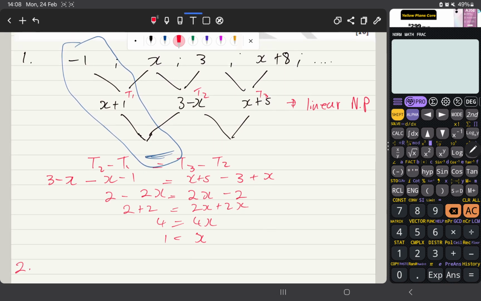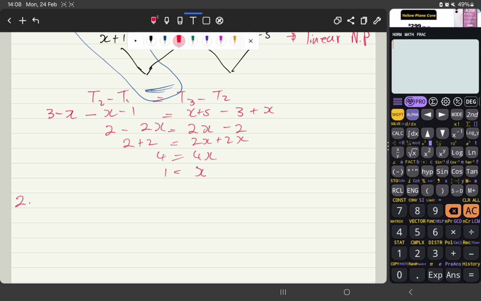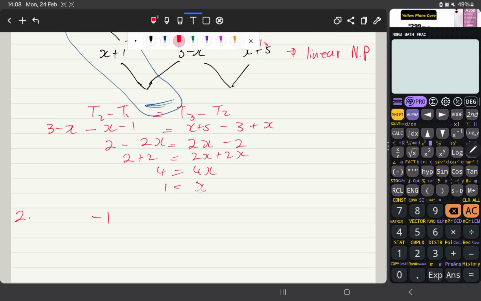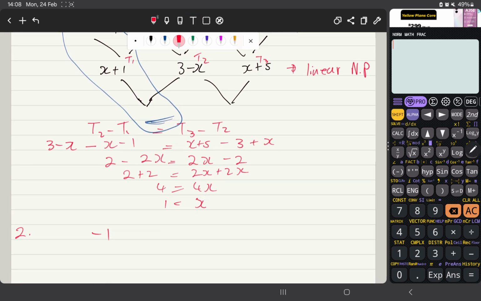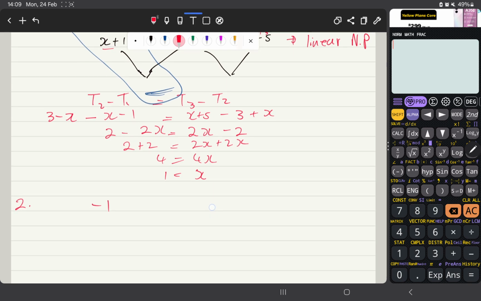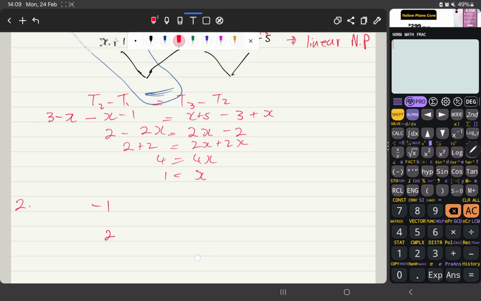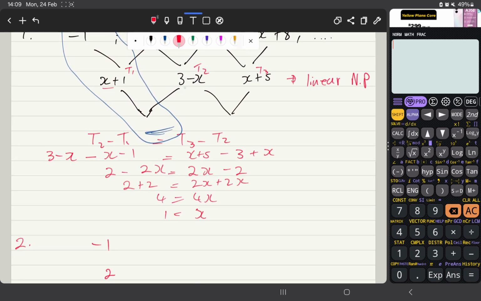So for where I have t1, look, the number is minus 1, and then I have, you see here, x plus 1, 1 plus 1, which is 2, so I have 2, right? And then I have to find out this one, t2 minus t1. Let me use a different color. Here is t2 minus t1, right?